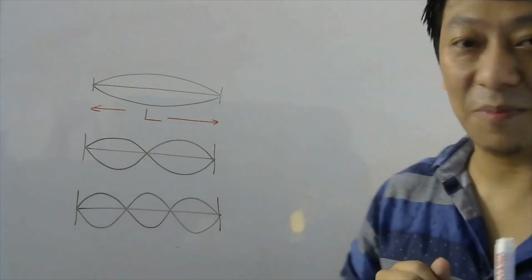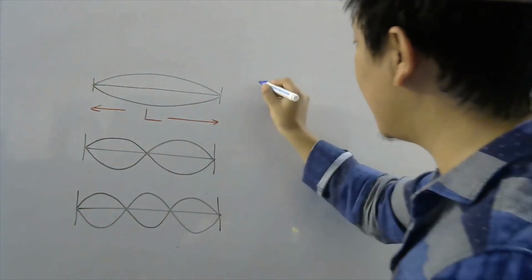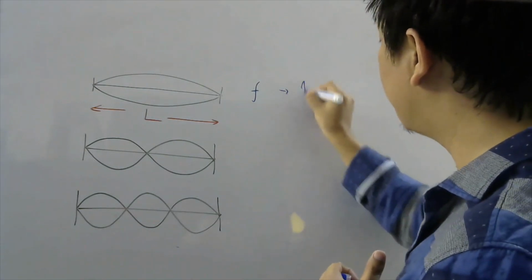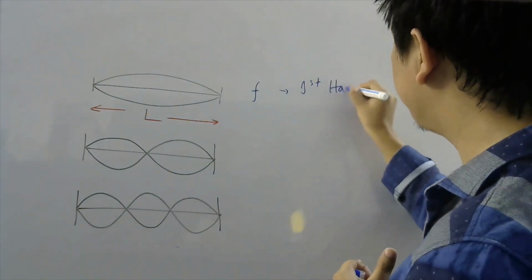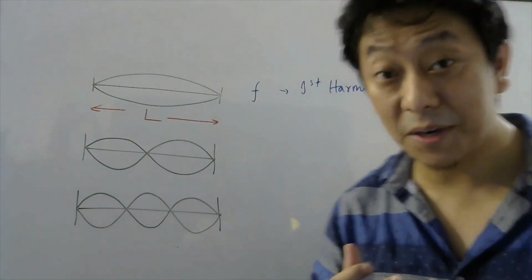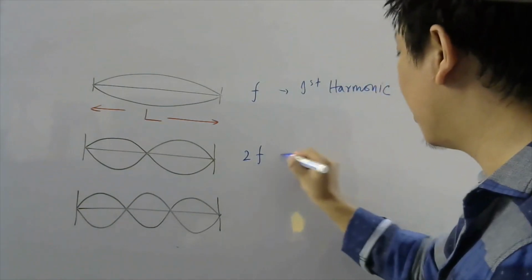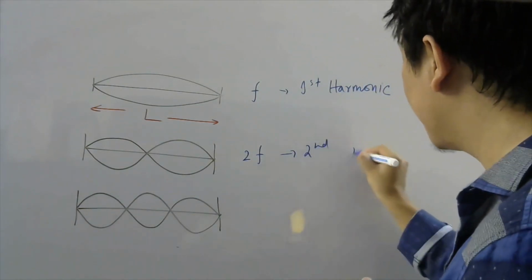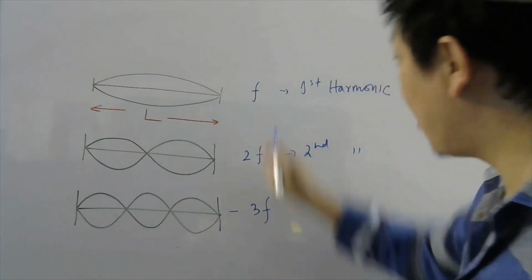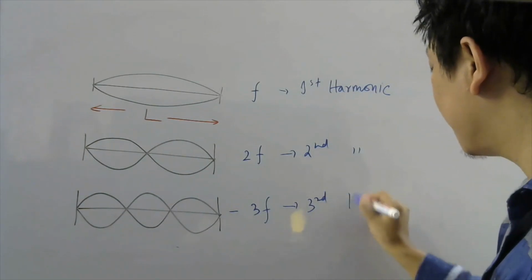So the first shape in which the string vibrates, if I say it has a frequency F, then this is what we call the first harmonic, which is also called the fundamental. And the second one has frequency twice, which is called obviously the second harmonic. And the third one has frequency 3 times the first harmonic, and that is what we call the third harmonic.